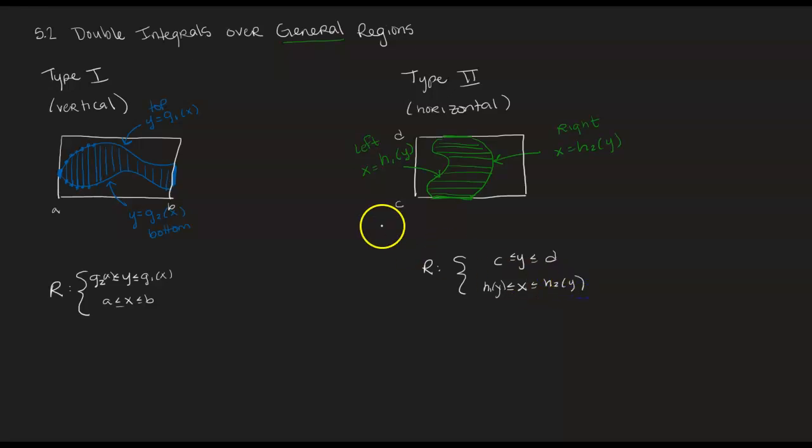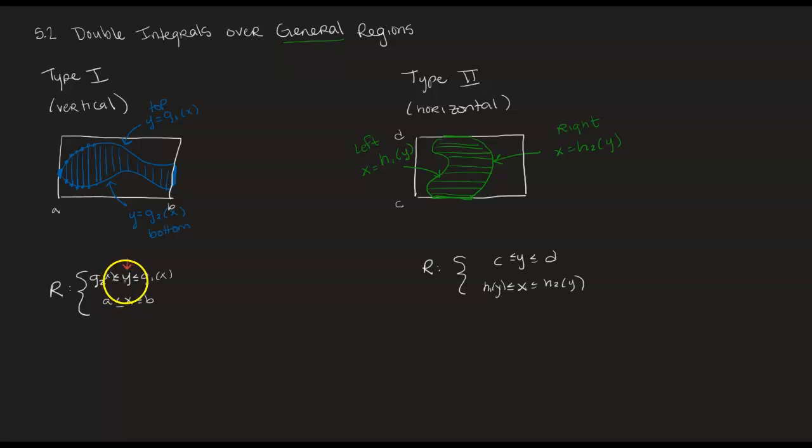Now something that's really easy to mix up here is the fact that in type 1 regions, the y bounds are functions of x. It could look something like the smallest value of y is x squared. That's easy to feel confused about because we're setting the lower limit of y by using values of x.